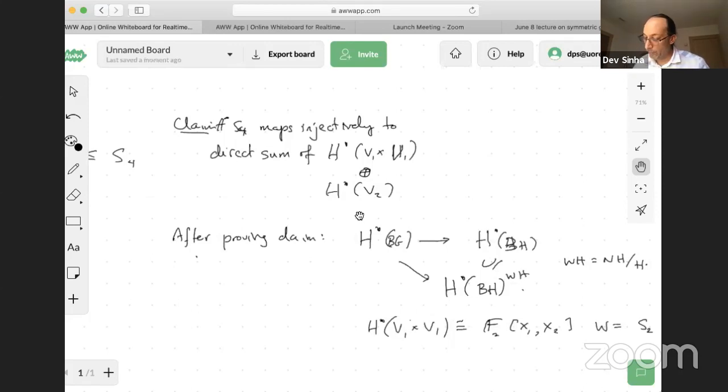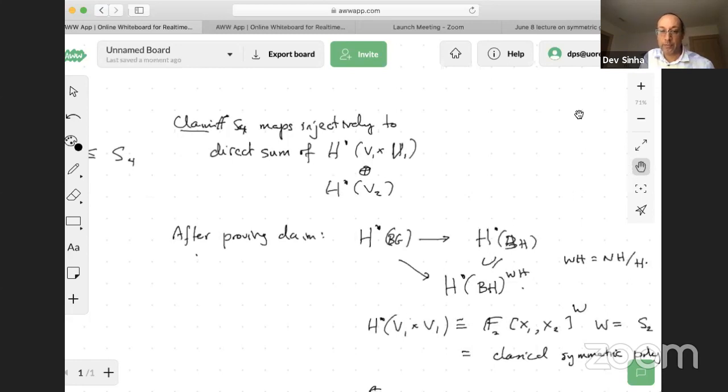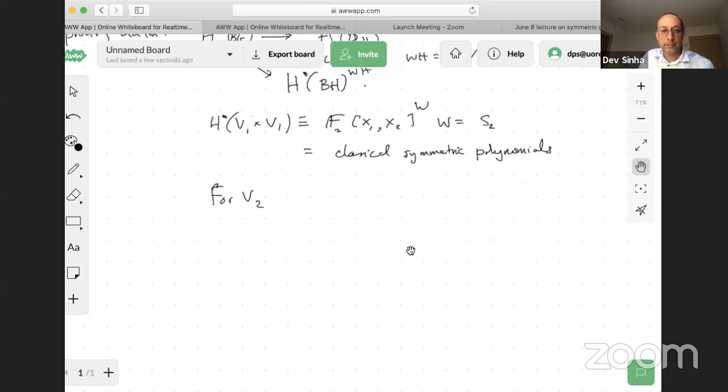So if I'm looking at the Weyl invariants, these are the classical symmetric polynomials. While for V2, of course, I'm also going to get polynomials in 2 variables because it's RP infinity cross RP infinity again.